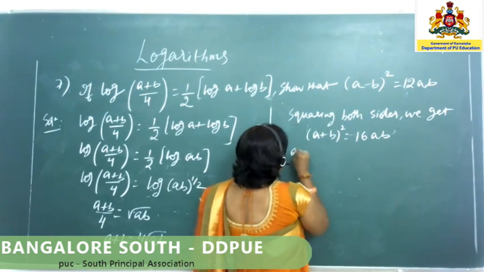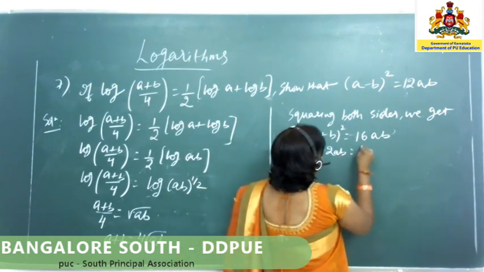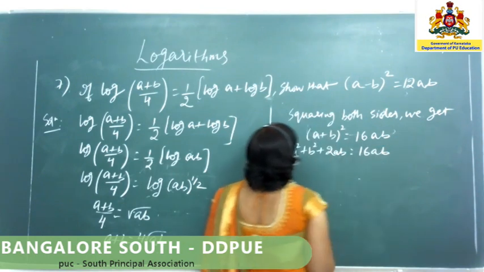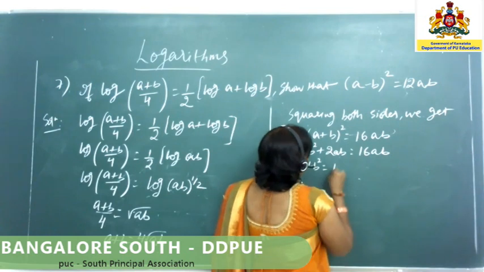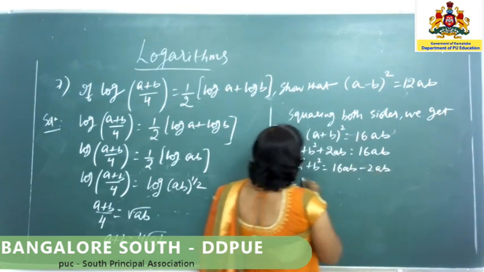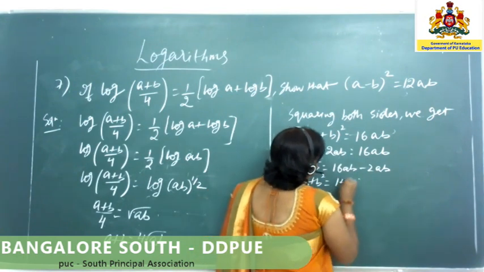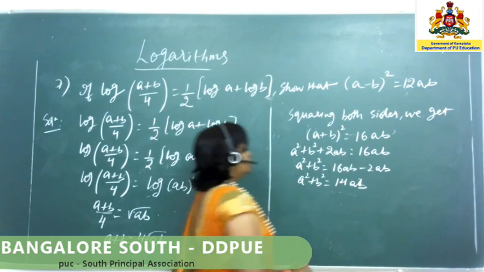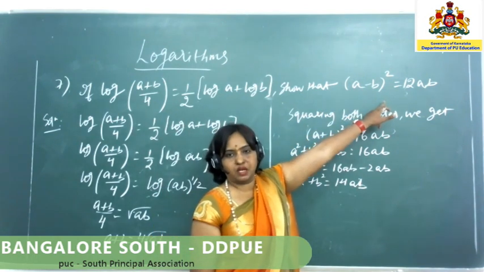Expand this: a square plus b square plus 2ab is equal to 16ab. So a square plus b square is equal to 16ab minus 2ab, so a square plus b square is equal to 14ab. But what should we prove? We should prove it as (a minus b) the whole square is equal to 12ab.